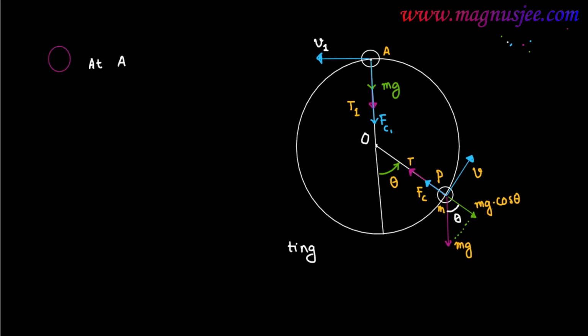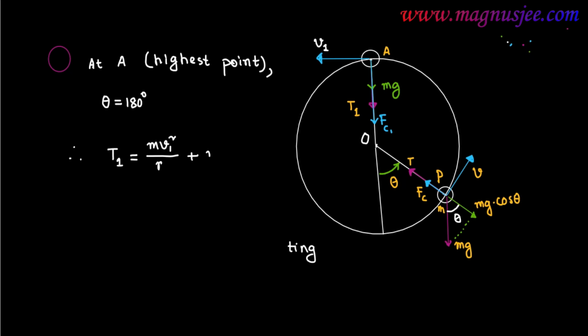Additional information: at the highest point A, theta equals 180 degrees, the angle subtended by the string OA with the vertical. Then T1 equals mv1 square by r plus mg cos theta.